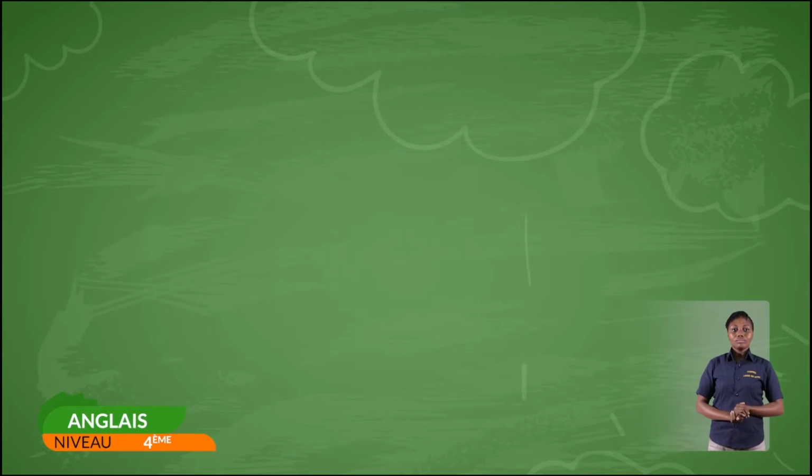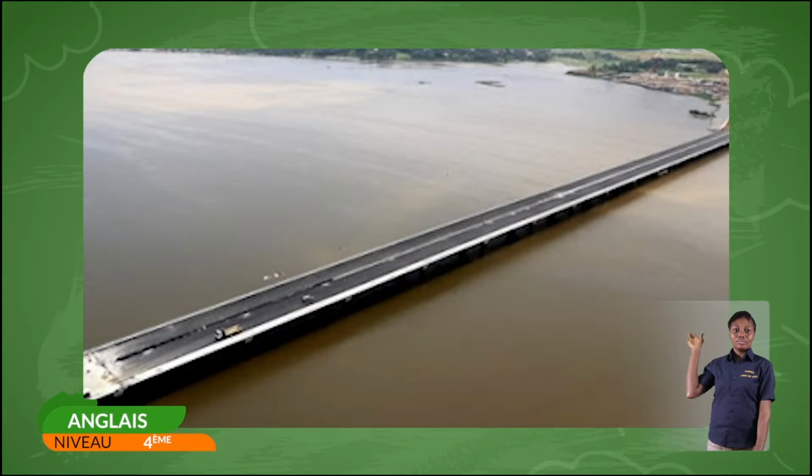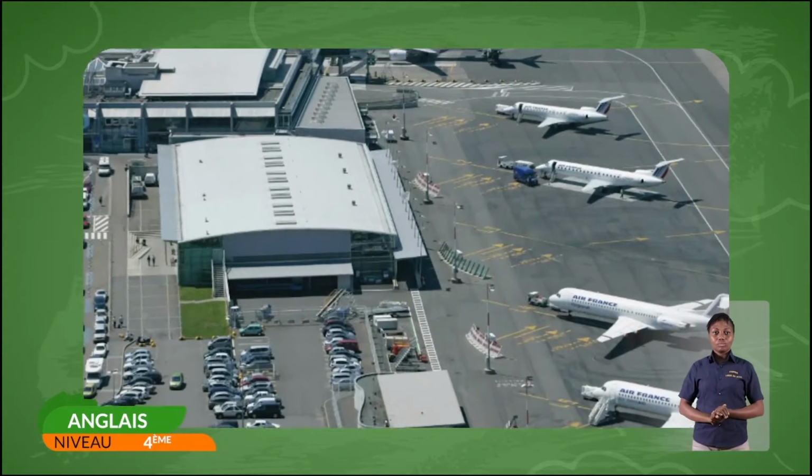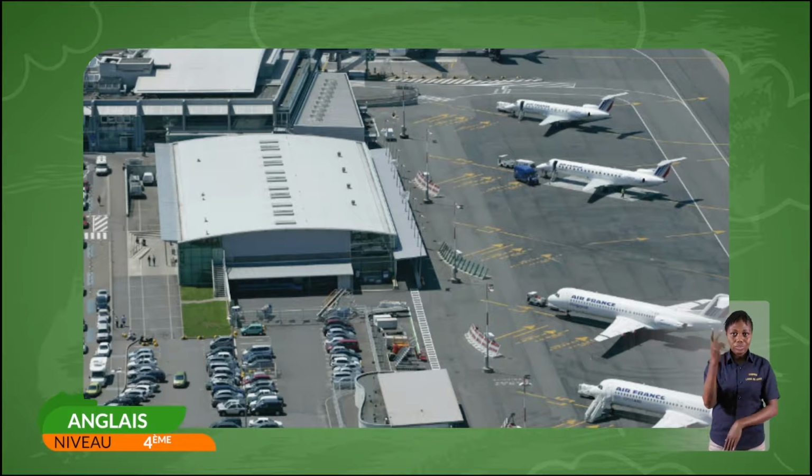For the first word, look at this picture. What can you see? You can see a river and something on it, and this is called a bridge. A bridge. Now, picture 2, there are planes.